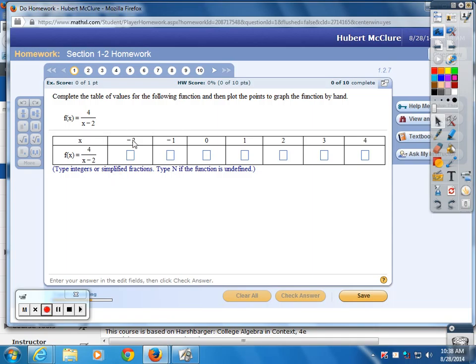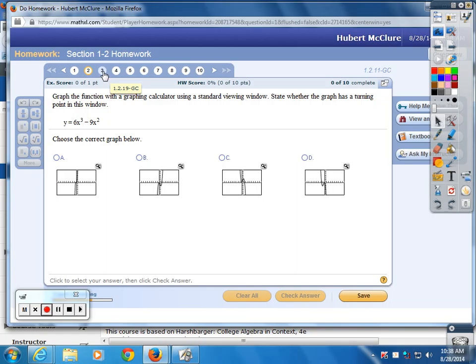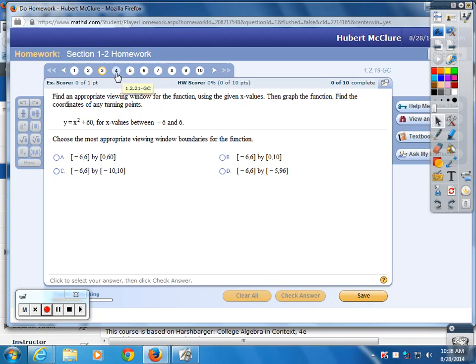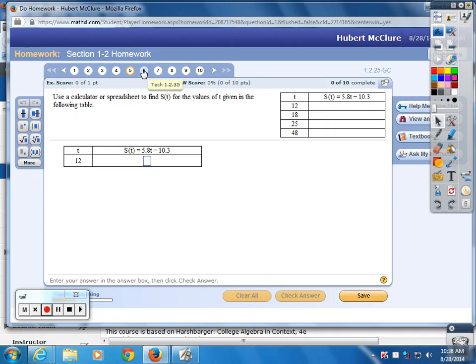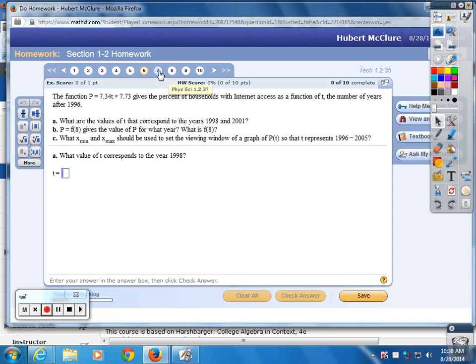I think y'all can plot points. I'm not going to do that one. That one's easy for you. No, that's a calculator drill. I don't do calculator drills. Okay, they want you to use a calculator here.